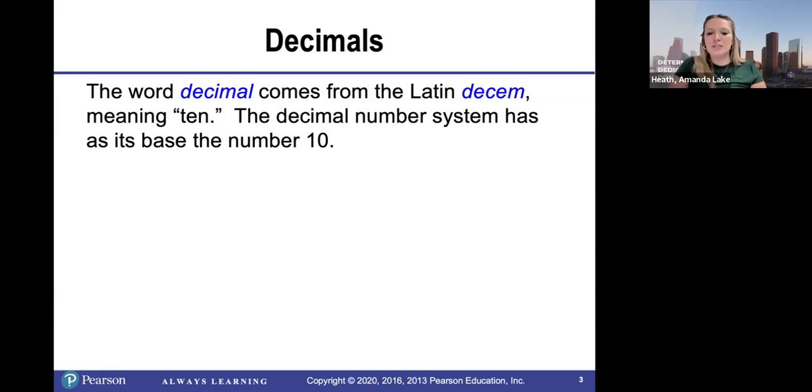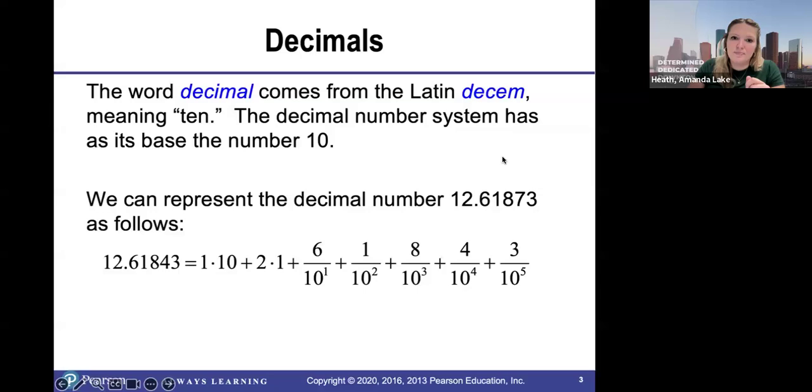We can work in different bases, but we use base 10, unsurprisingly, because most of us have 10 fingers and it's easy to count that way. So that's how we came up with a base 10 number system. We can use different representations to highlight decimals and understand them better.